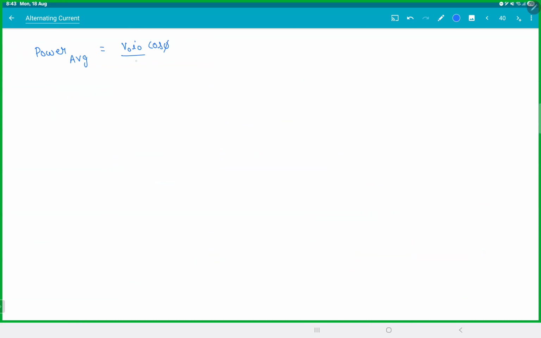Remember, these are peak values. V naught and I naught are peak values. So if I write this as V naught by root 2, I naught by root 2, they become RMS values.